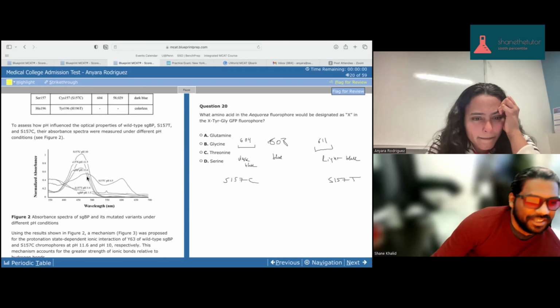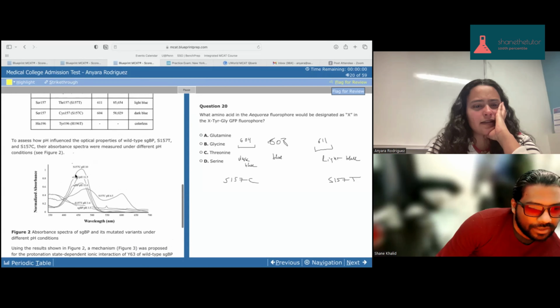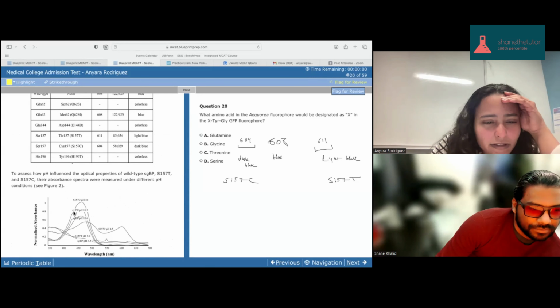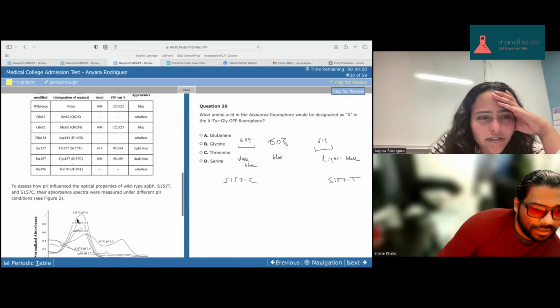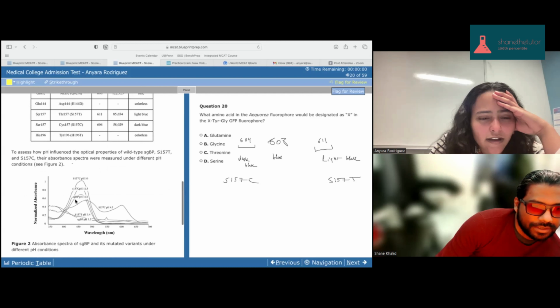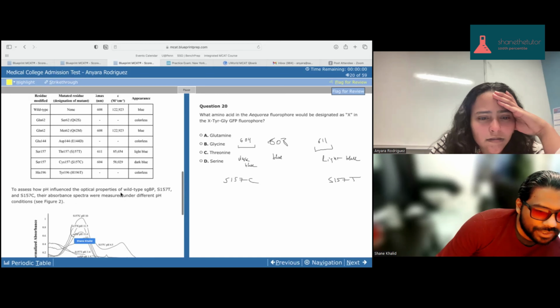It's a little confusing because they have a capital S for the mutation and then a lowercase s for the not mutation. Isn't S157C also a mutation? I thought this was the wild type SGBP, so both of these are not mutations, right?